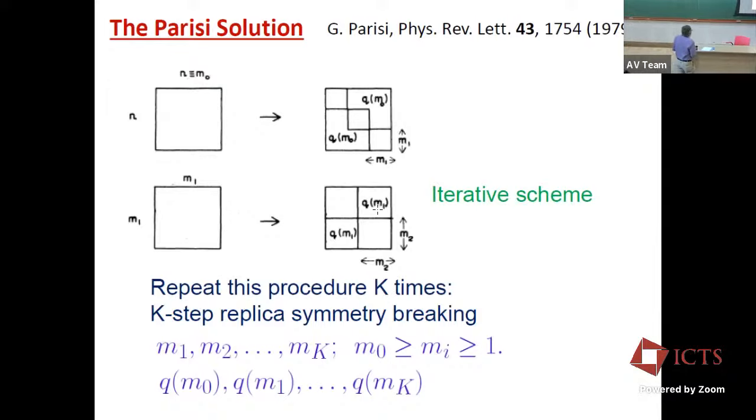So what he has done, in this picture, is done iteratively. Let's say I just stop at level 1. So there will be two such. Here, this itself is not parameterized just by one number.